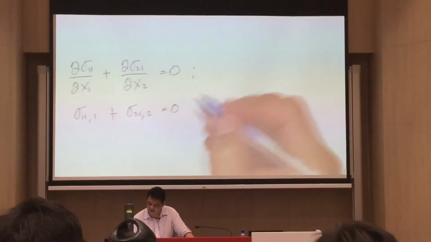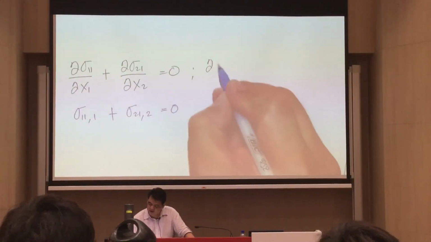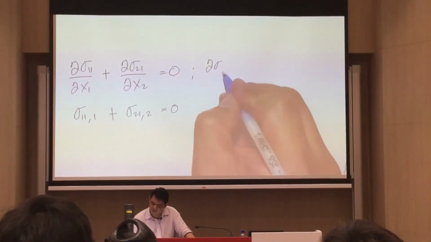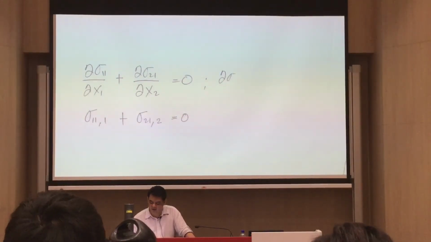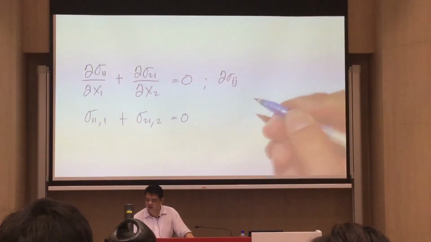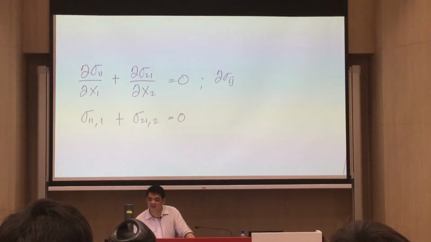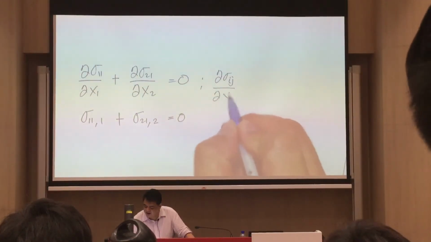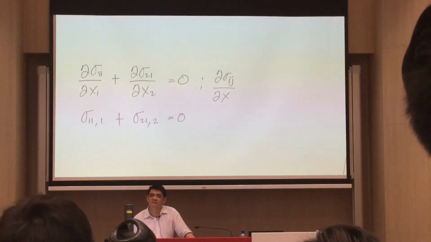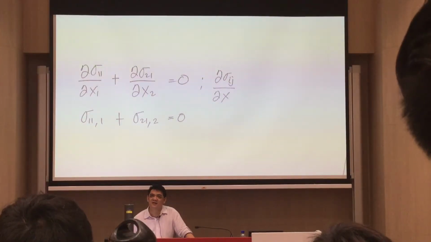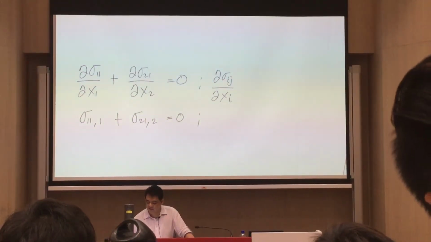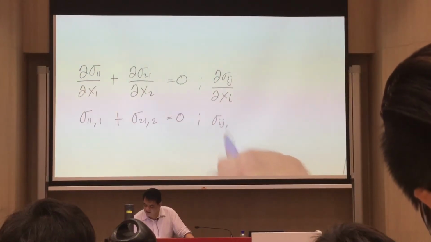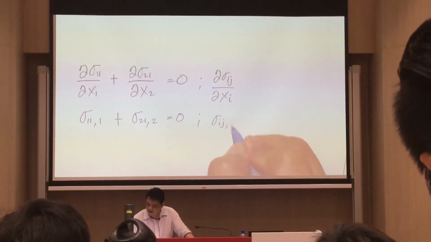So let's have a look at this one here. Partial sigma ij. Yes? This one is partial x what? I or j? I. So how do you write this one now? Sigma ij, comma I.